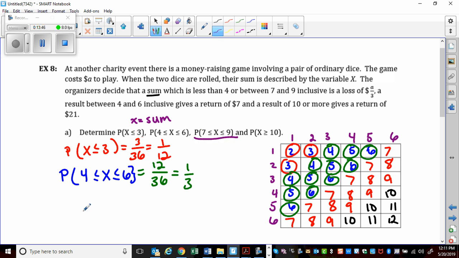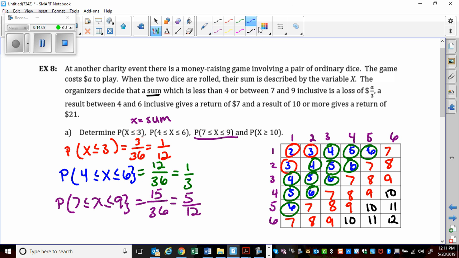Now the probability that the sum is between 7 and 9 inclusive. And I made them all red. So this is 15 ways to make that out of 36, and this simplifies to 5 over 12.